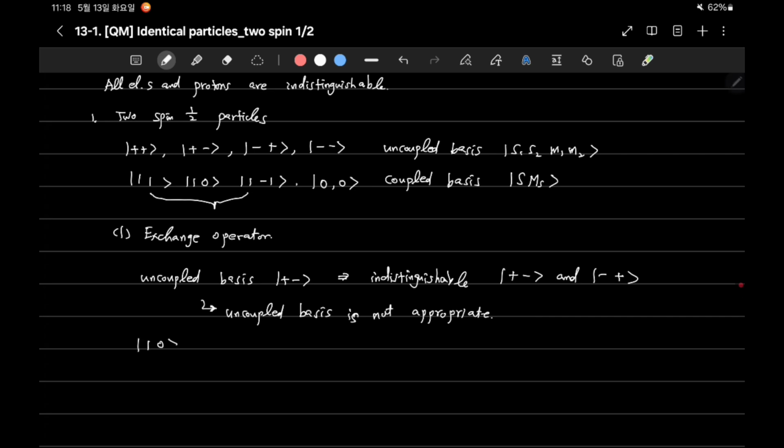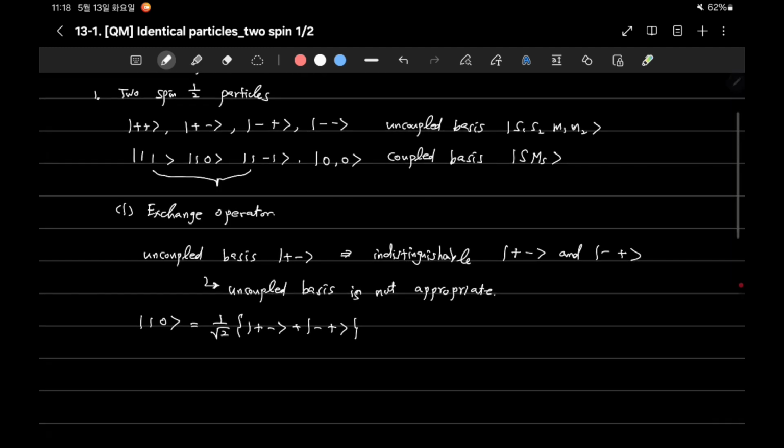For example, the 1, 0 state means the total spin is 1, but here a superposition is possible: 1 over square root 2 times up-down plus down-up is the 1, 0 state. Also the 0, 0 coupled basis state is 1 over square root 2 times up-down minus down-up, which is the 0, 0 state.